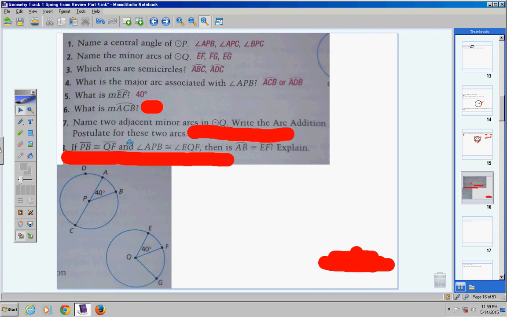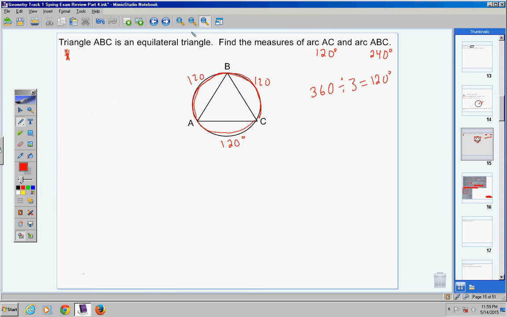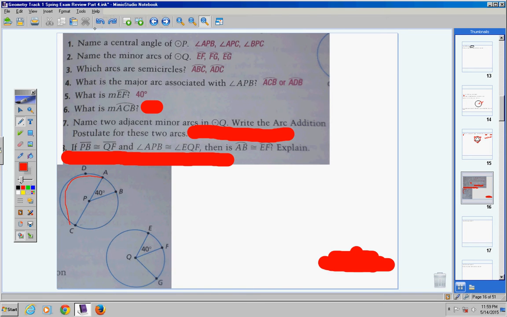What is the measurement of arc ACB? So from A all the way to C, all the way to B. Alright, all the way around. Now, in order to find the measure of that big old arc, I've got a question for you.